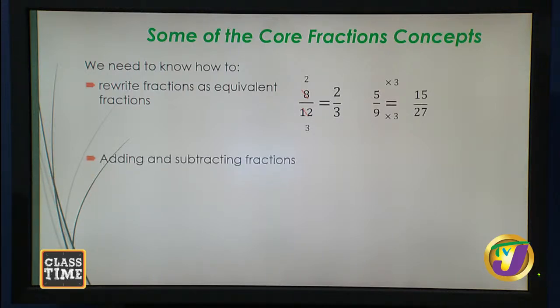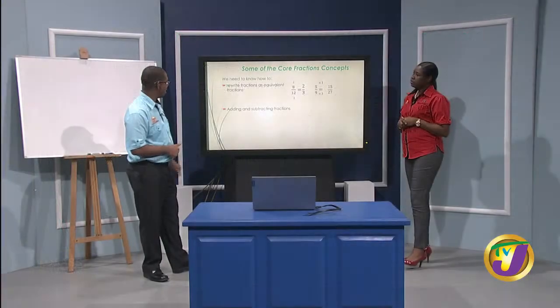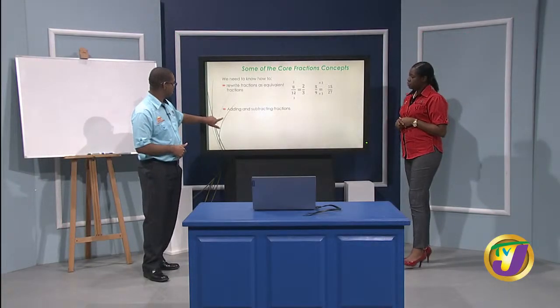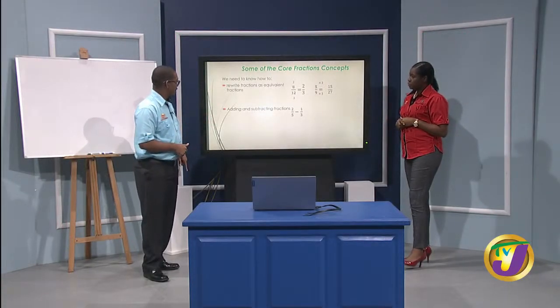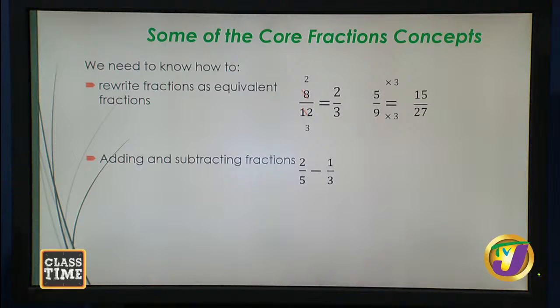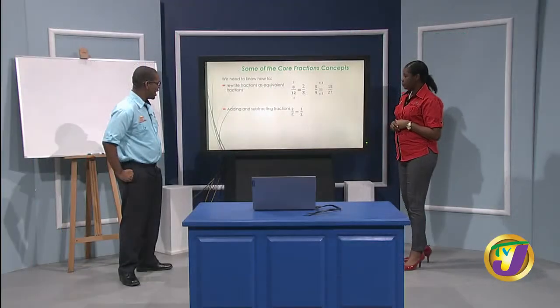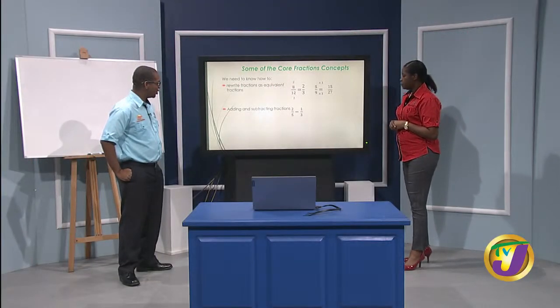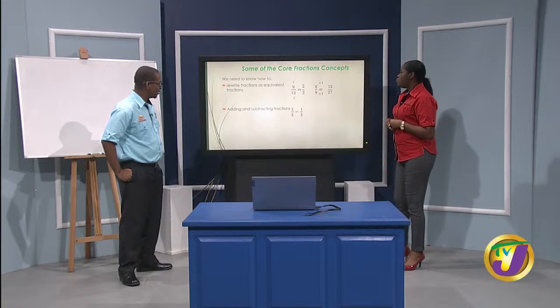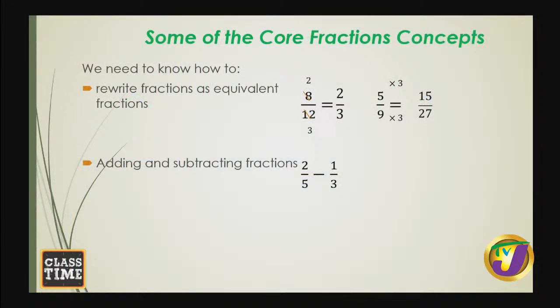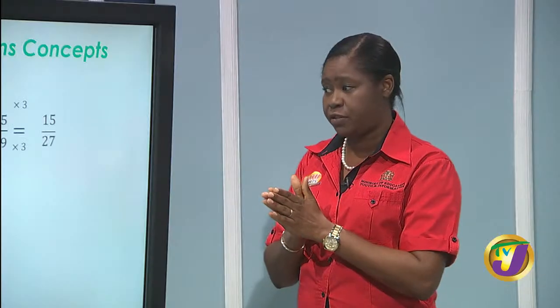Okay. So let's see what would happen if we're adding and subtracting fractions. We have these fractions to work with. The denominators are different. So Nikisha, can I just go ahead and subtract those? No, we can't. This is where equivalent fractions play a vital role in adding and subtracting fractions.